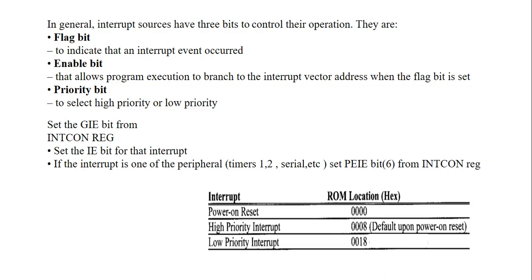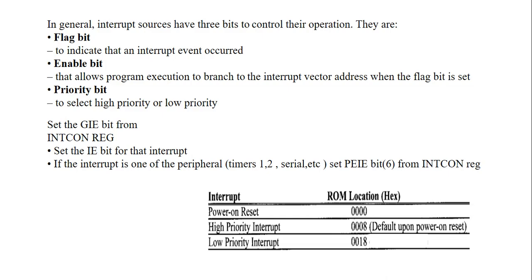Timer interrupts are there. Then serial communication interrupts are there. ADC interrupts are there. Then external interrupts are there. For external interrupts, 3 pins are assigned on the PIC18 microcontroller pin.